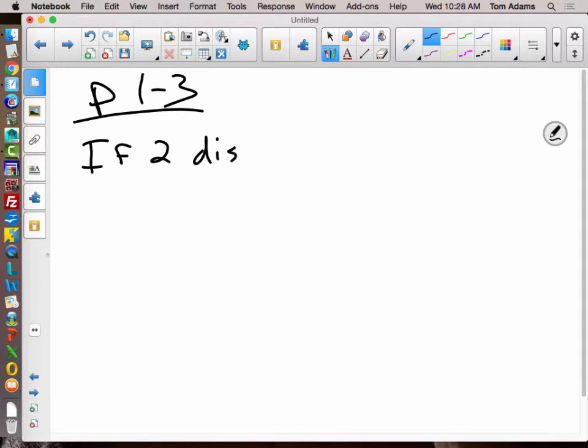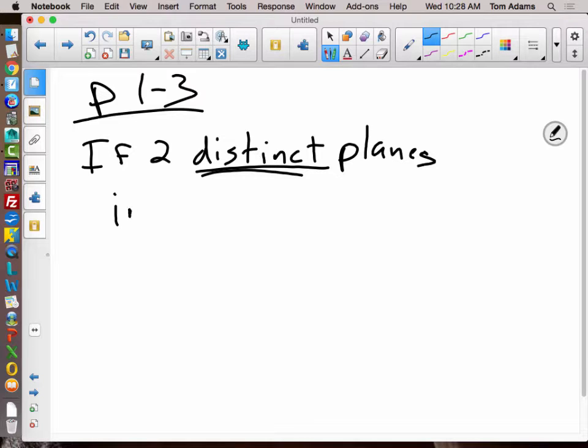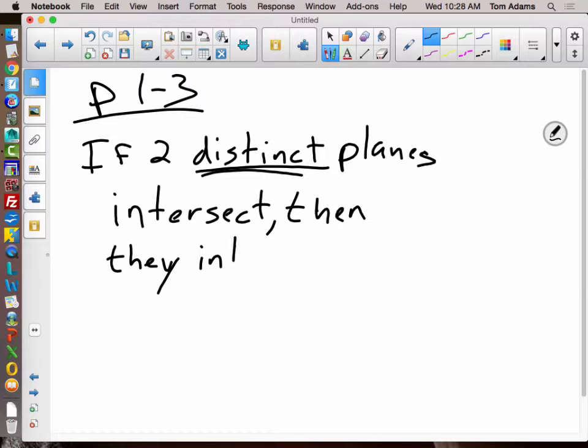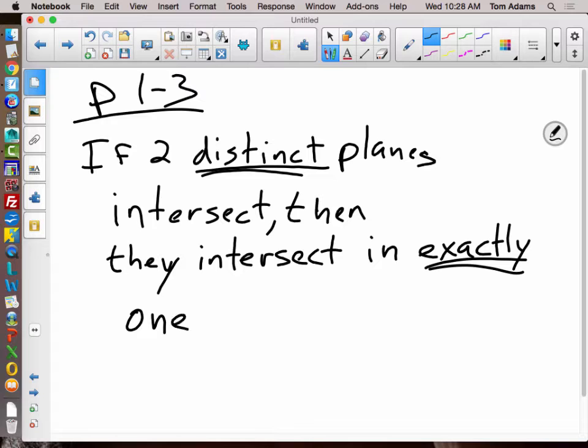If two distinct planes intersect, then they intersect in exactly one line. Okay?